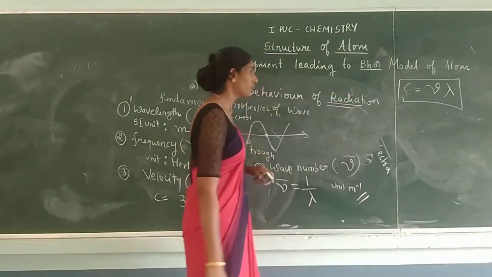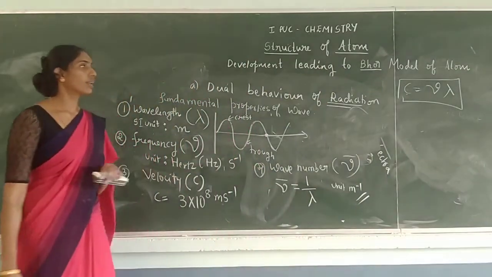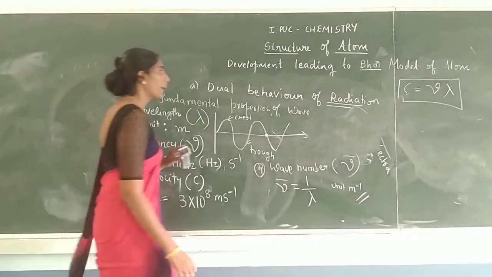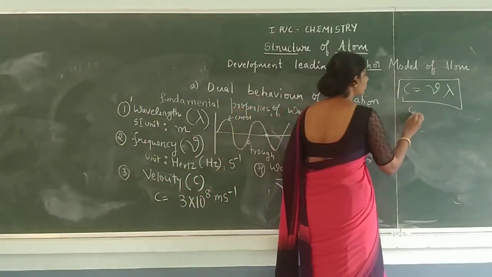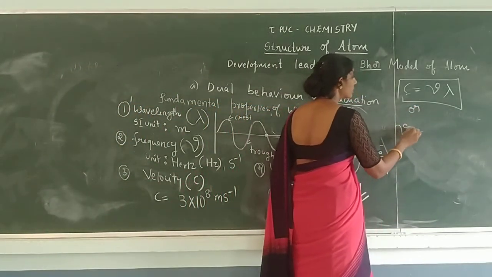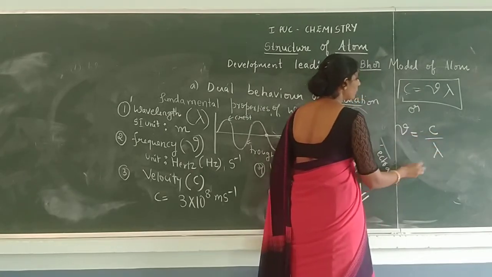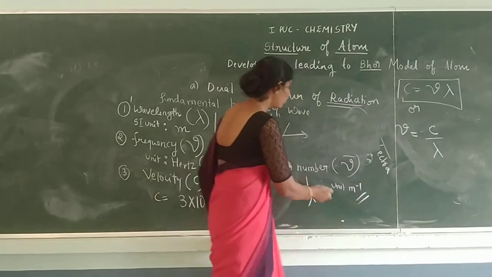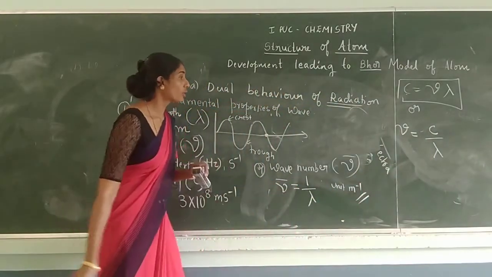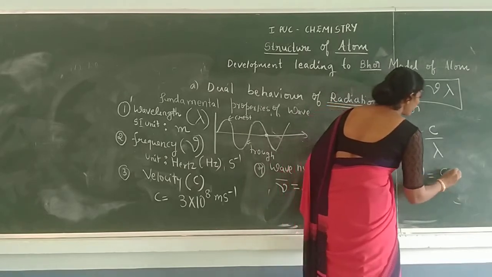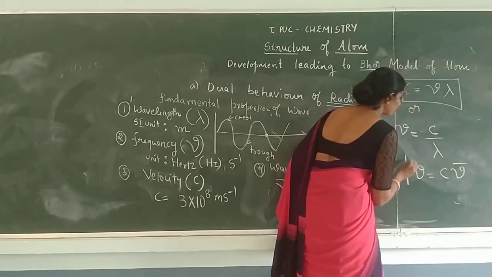What is the relationship between the velocity, frequency, and wavelength of electromagnetic radiation? Here you can also write this equation as mu is equal to c by lambda, or we know that 1 by lambda is equal to mu bar. Or you can also write this equation as mu is equal to c mu bar.